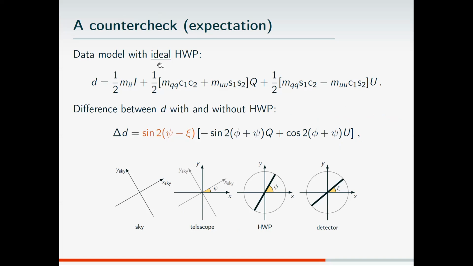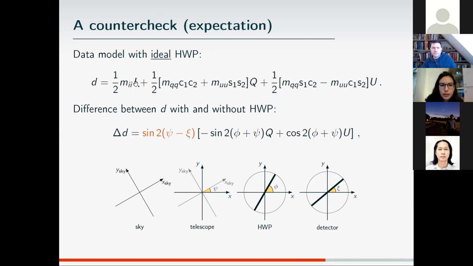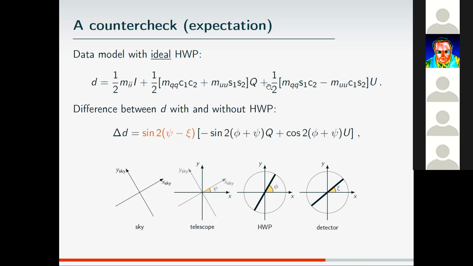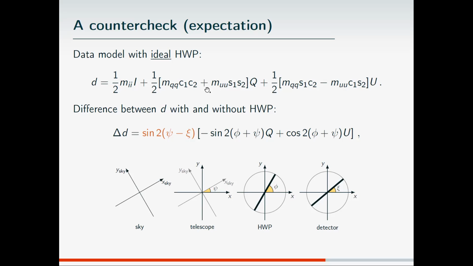If you write down a data model with the ideal half-wave plate, the signal that you measure depends on the Stokes parameters of the sky signal and the Mueller matrix elements of the half-wave plate. And these C and S quantities are sine and cosine of some combination of the angles that you see here.